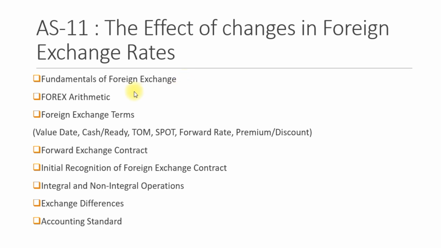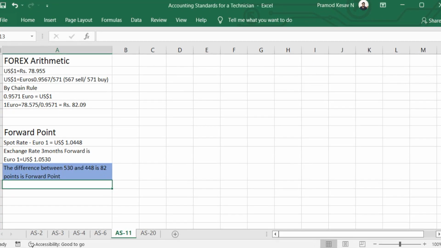Next, we'll see what forex arithmetic is. We have a direct quote, which says US dollar 1 is 78.955 Indian rupees. And there is an indirect quote, which says US dollar 1 is euros 0.9567 selling and 0.9571 buying. This is an indirect quote.